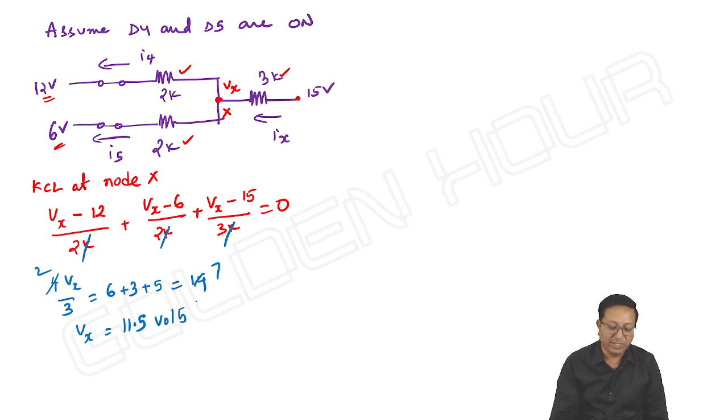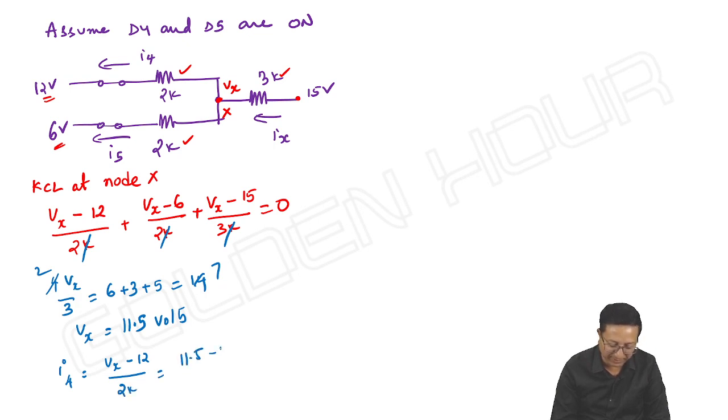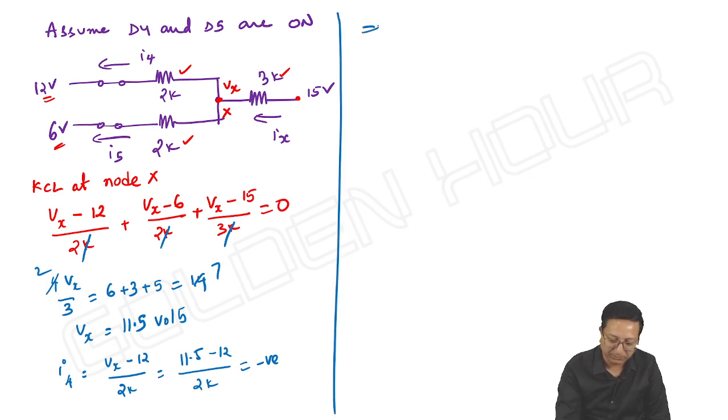Now, if you look at I4, or ID4, it is equal to Vx minus 12 by 2k. Vx is 11.5, which is less than 12. So, definitely it is a negative value. This implies D4 does not conduct.